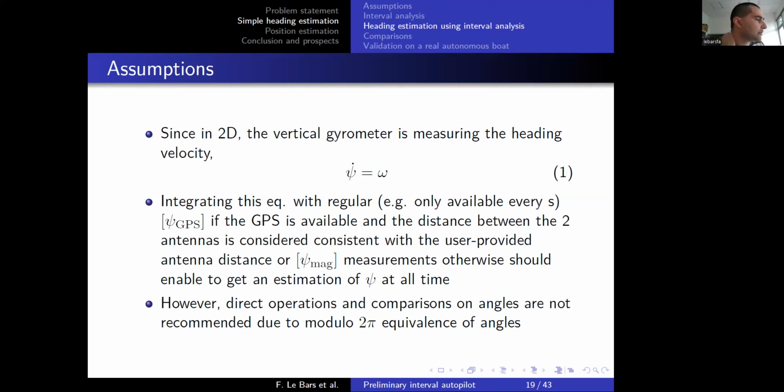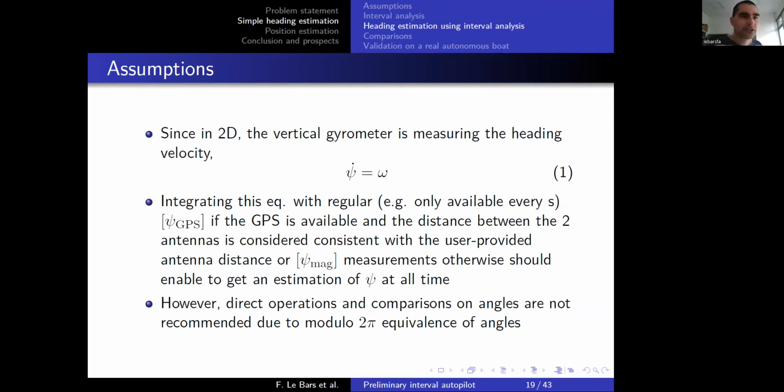We can also have some consistency checks on the GPS data to determine whether the GPS should be used or if we should fall back to the magnetometers.